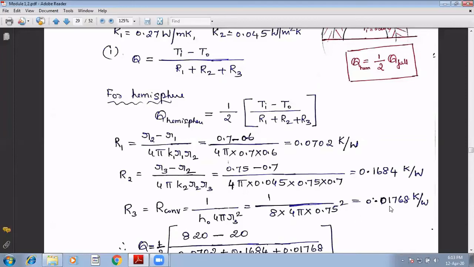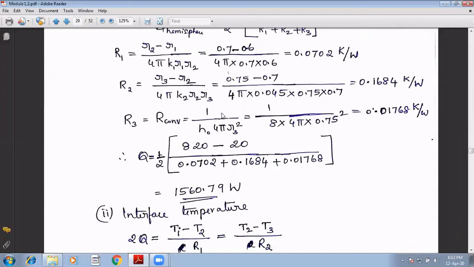You will be getting 0.0176. You don't need to make this half at this point because you have considered here itself. Okay. Now, if you calculate, the heat transfer out of hemisphere will be 1.56 kilowatt.